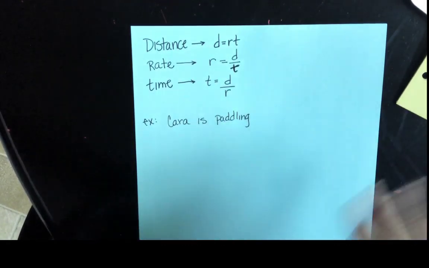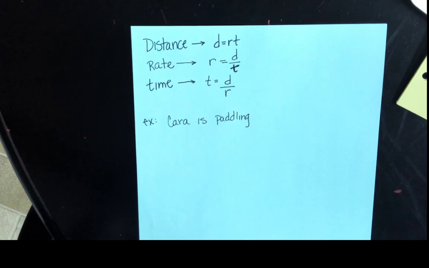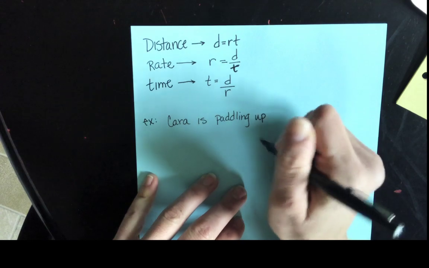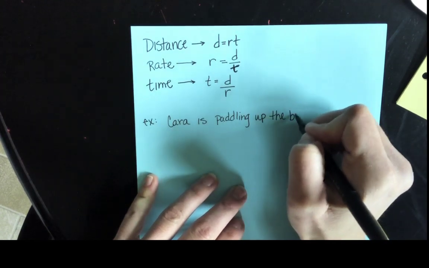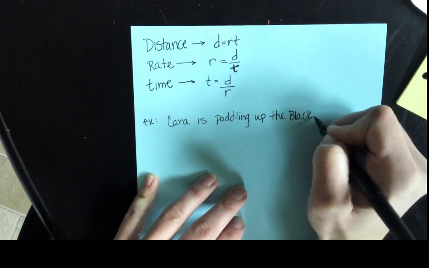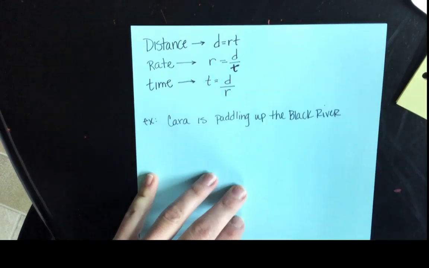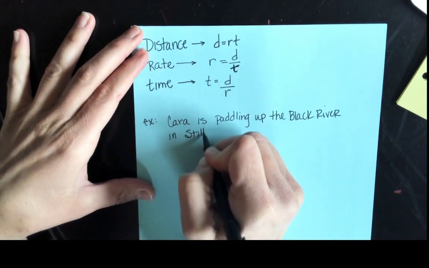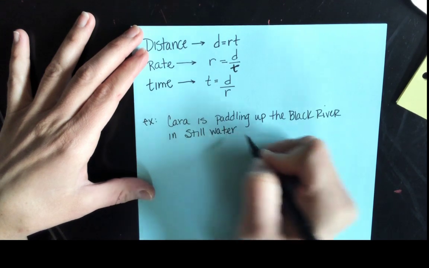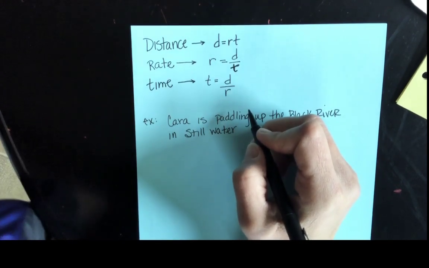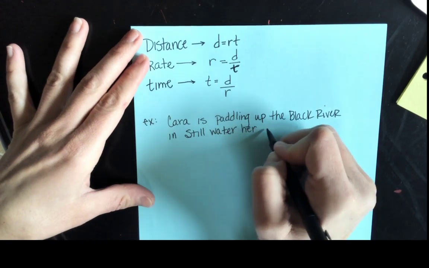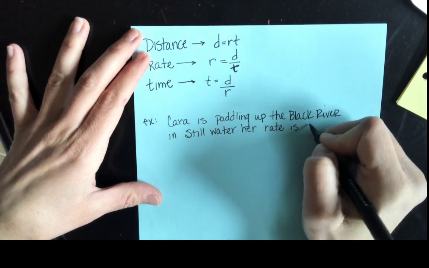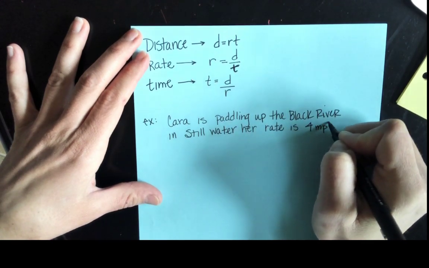So let's just look at Kara is paddling up the Black River. Hopefully there's no bacteria. And in still water, meaning no current whatsoever, her rate is 4 miles per hour.